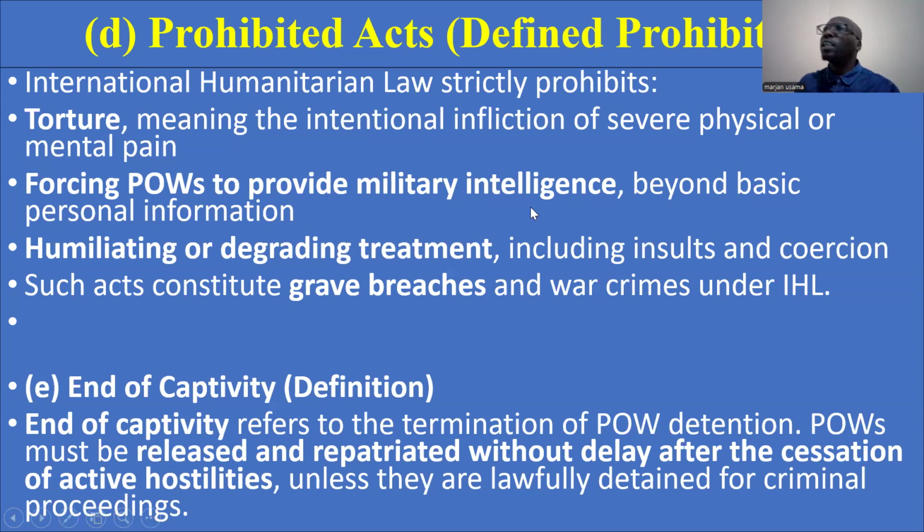You force them, okay, give us the information. Where are they? So you force them to give you all the intelligence beyond basic personal information. The prisoners of war are just supposed to give you their basic information: this is my name, my nationality, my work, full stop. You should not ask them about military intelligence.